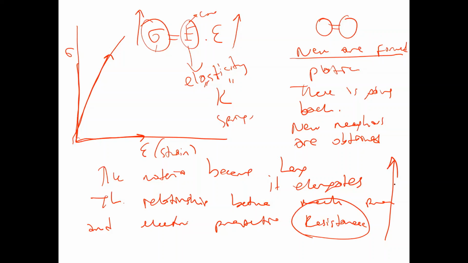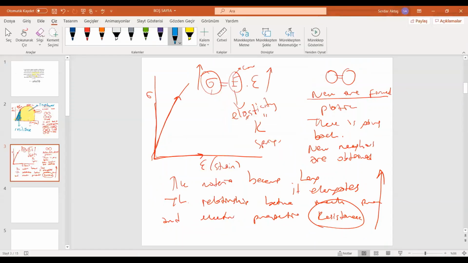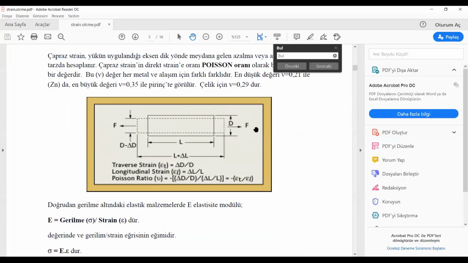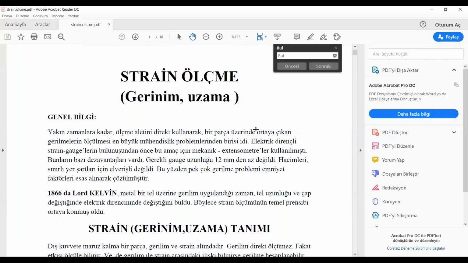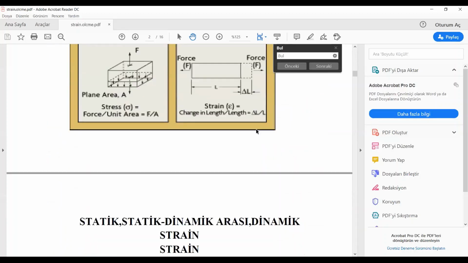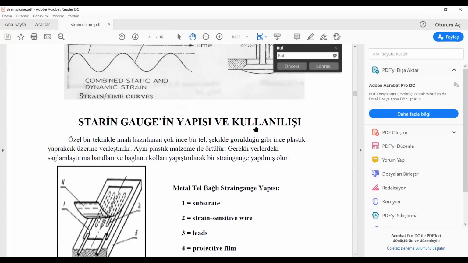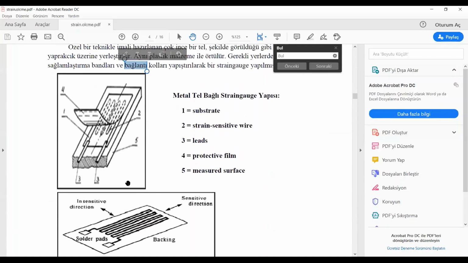So let me show you something here. I'd like to show you, there are some devices. This is called a strain gauge.